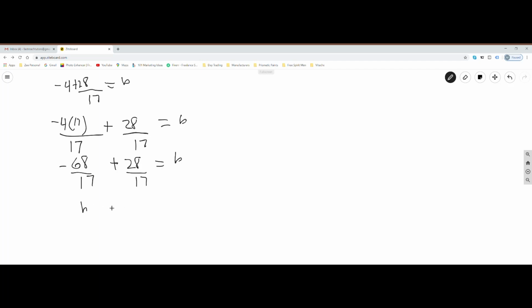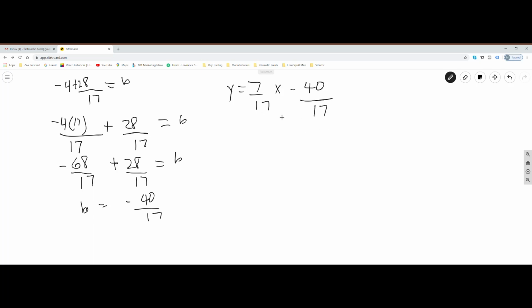B equals -40 over 17. So now you know the intercept. So y equals 7 over 17 x minus 40 over 17.